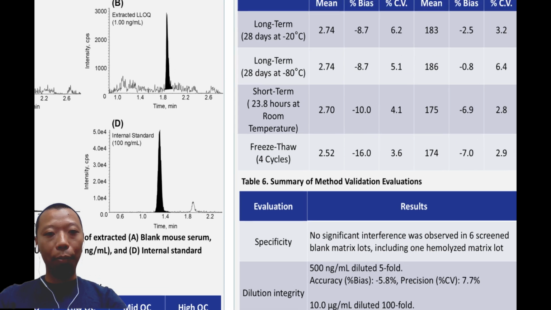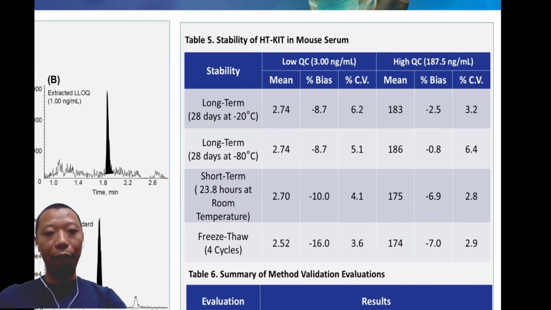As shown in Table 5, the stability of HTKIT was evaluated under various storage and handling conditions. The analyte remained stable for up to 28 days at both -20 degrees Celsius and -80 degrees Celsius, for at least 23.8 hours at room temperature, and after 4 freeze-thaw cycles.